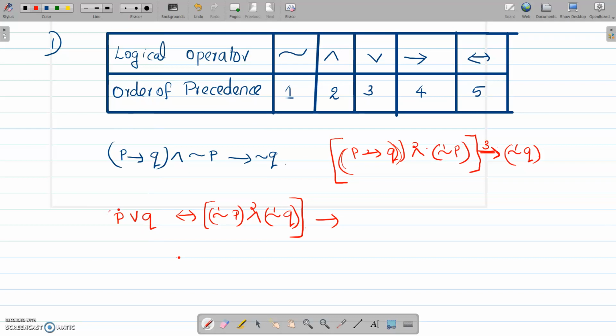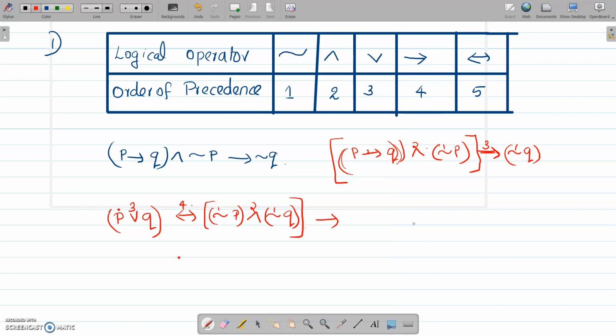After that, P or Q. After this is the implication. This is third, fourth. So in this way we have to calculate.